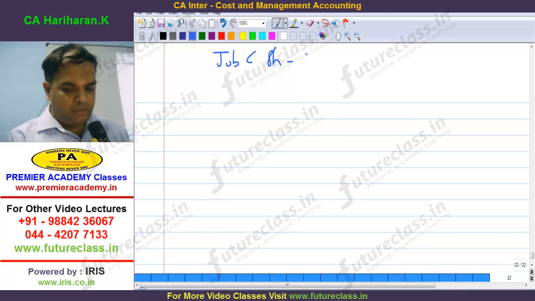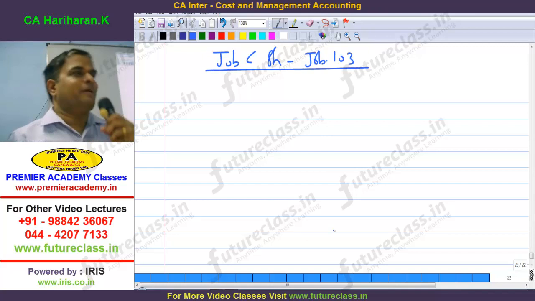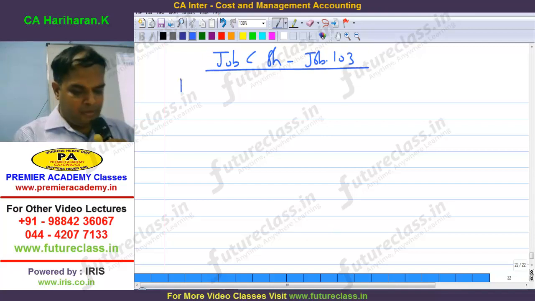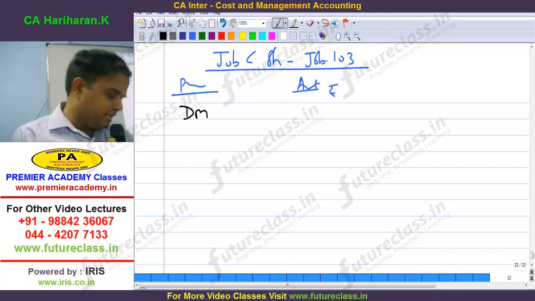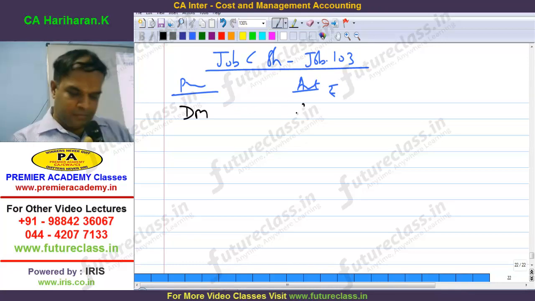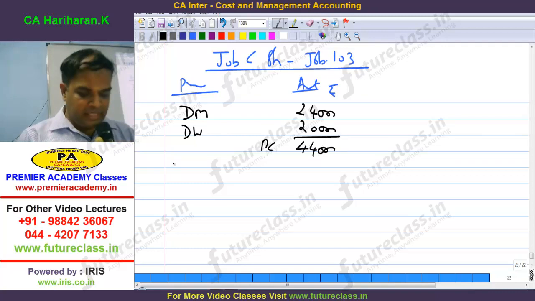Job cost sheet for job number 103. Am I right? Have to prepare the cost sheet for 103. Particulars, amount in rupees. Direct material for 103, 24,000. Direct wages, 20,000. Prime cost, 44,000.